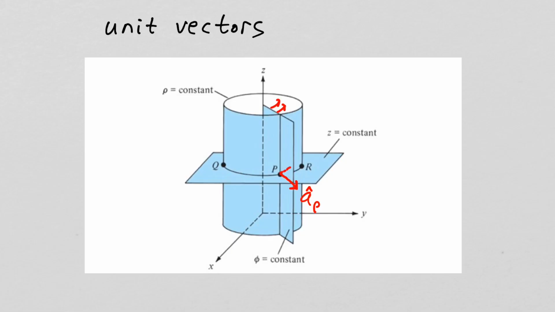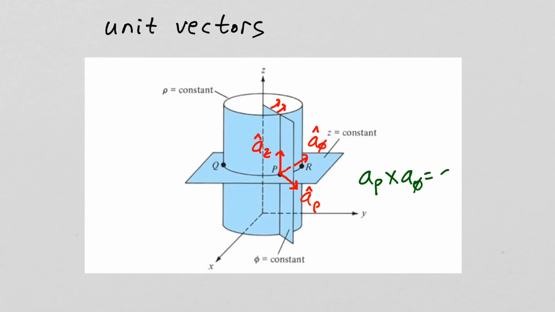And finally, if z is increasing, this plane is moving upward like this, so this would be the direction of the unit vector in the z direction. At point P, these 3 unit vectors are all orthogonal, so a rho cross a phi is equal to az.